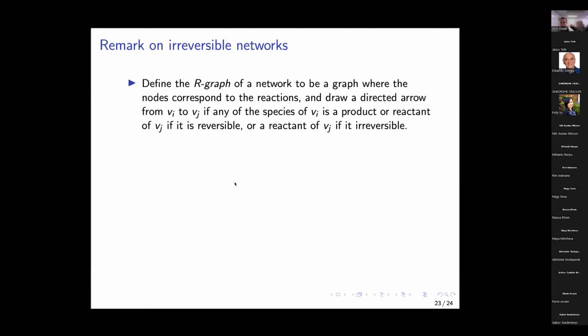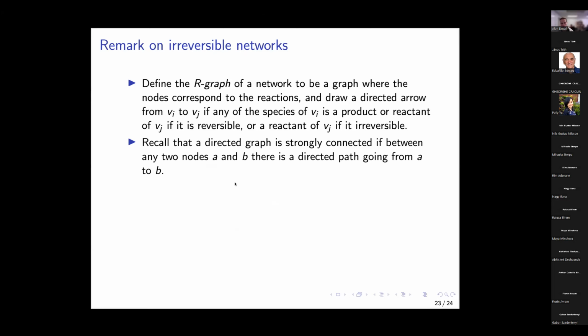To be a little more precise: if any species in VI is either a product or reactant, if VJ is reversible, or is a reactant of VJ if it's irreversible. The idea being, as VI changes the amount of species, this impacts the kinetics of VJ.